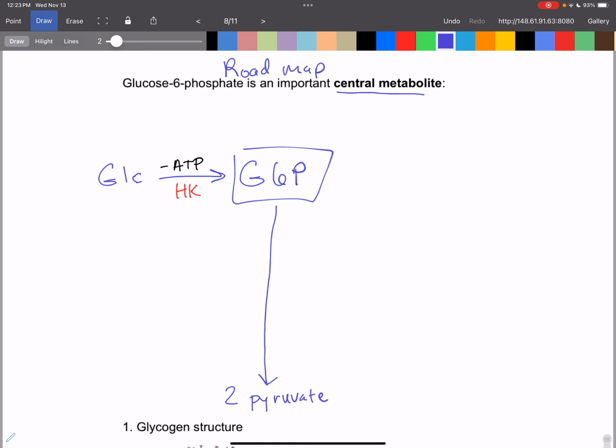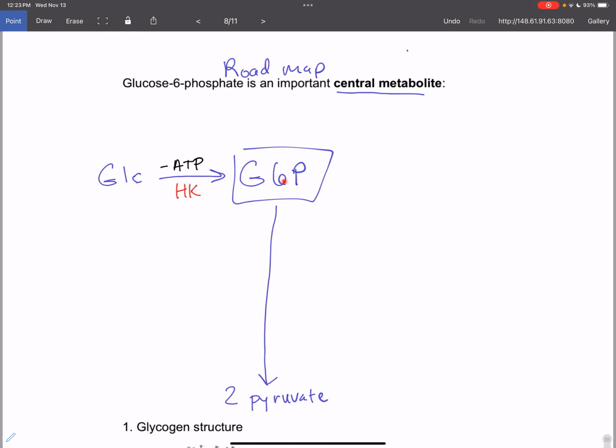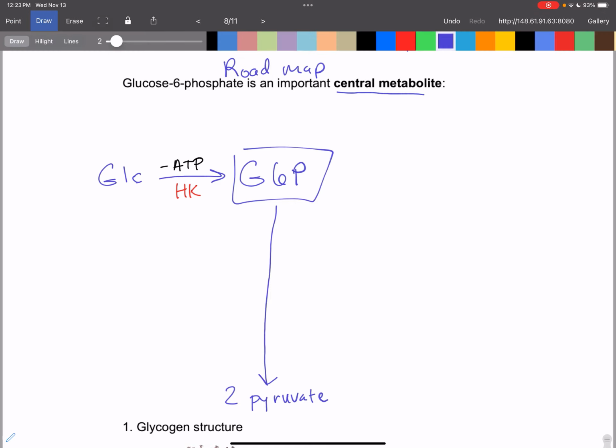Just thinking about where along the pathway we are gaining and losing ATP molecules, remember that after glucose 6-phosphate is made, there's an isomerase, but then importantly we have the phosphofructokinase enzyme, PFK, that is also going to consume 1 ATP molecule.